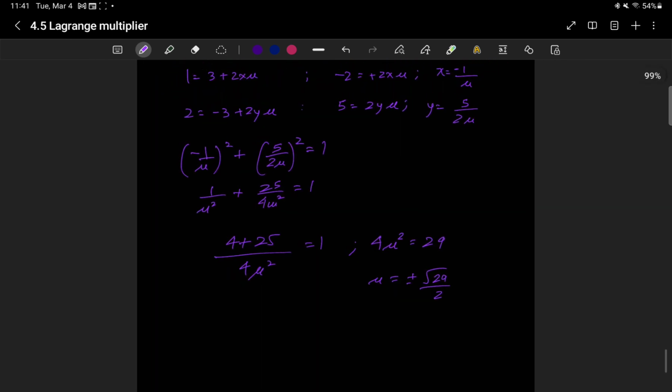So what does that give us for x and y? X is reciprocal, so plus minus 2 over root 29, and y is reciprocal but with a 5 over 2, so the 2's get cancelled, so it's 5 over root 29, plus minus.